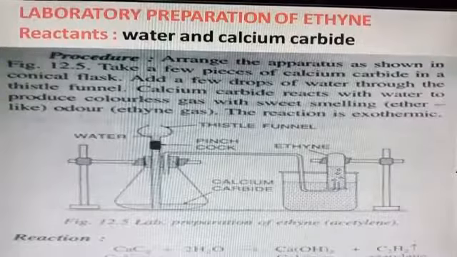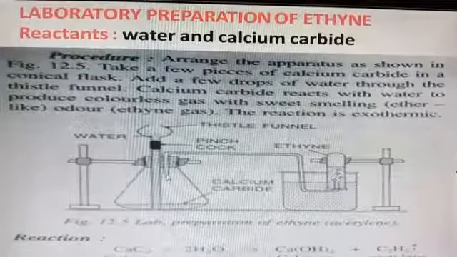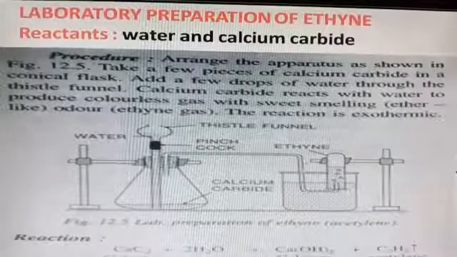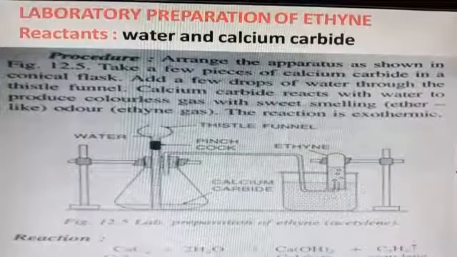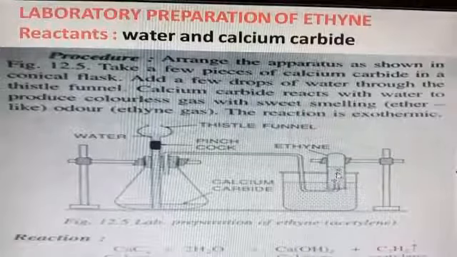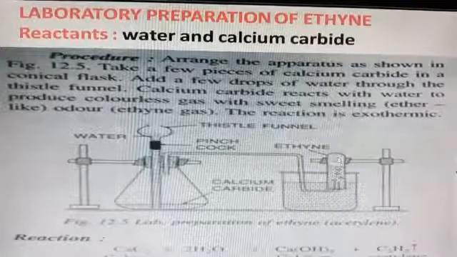So the gas that is formed will come through this delivery tube, and it will go through this water trough, and it is collected here in the inverted tube. This is an inverted gas jar.